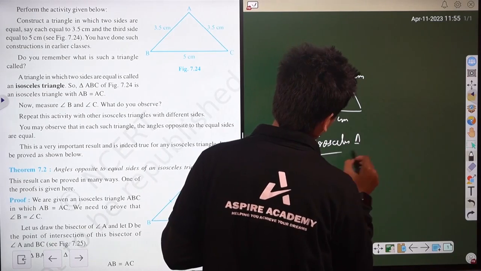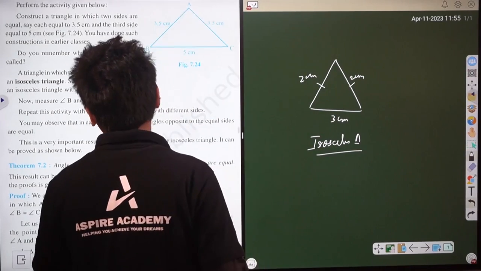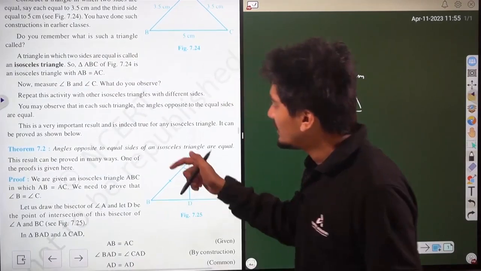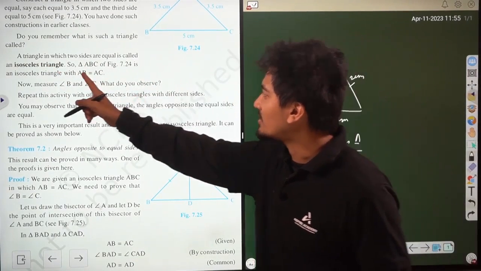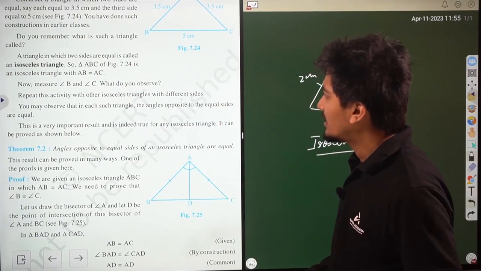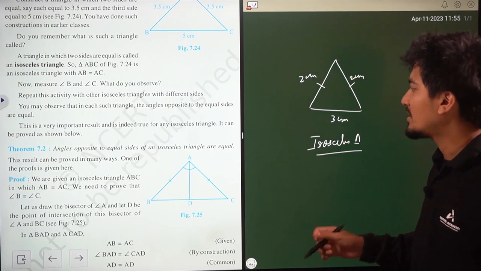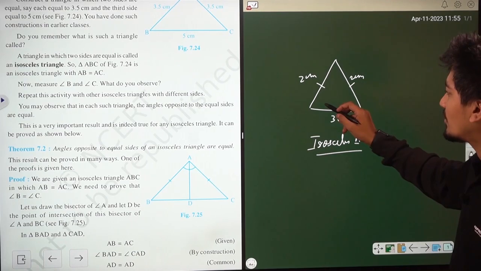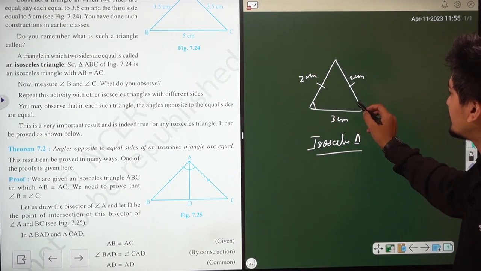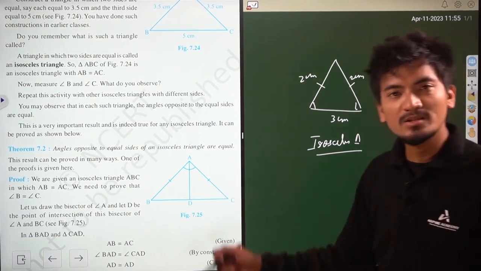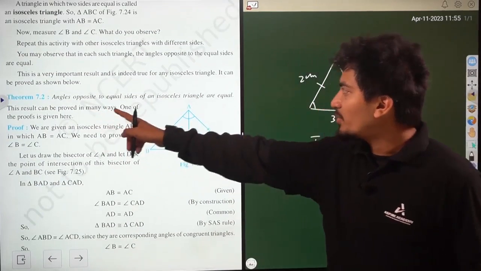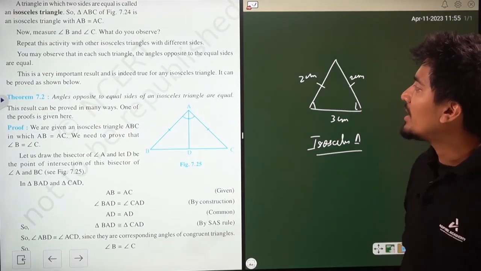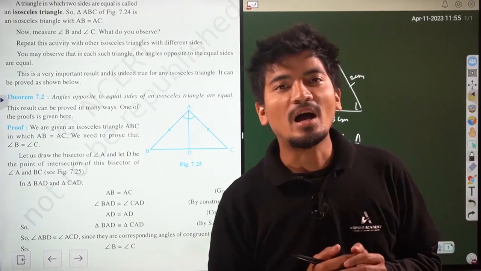Isosceles triangle. Okay, now see here, it is written also, a triangle in which two sides are equal is called an isosceles triangle. Now if we measure these two angles, then what will we get? So this is the first theorem. Theorem 7.2 says that angles opposite to equal sides of an isosceles triangle are always equal.